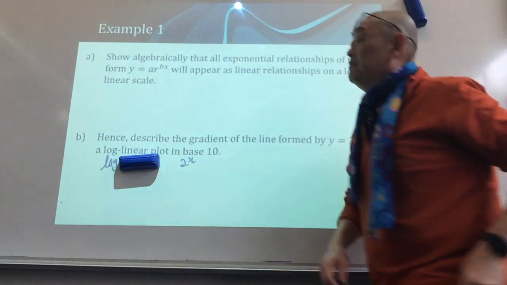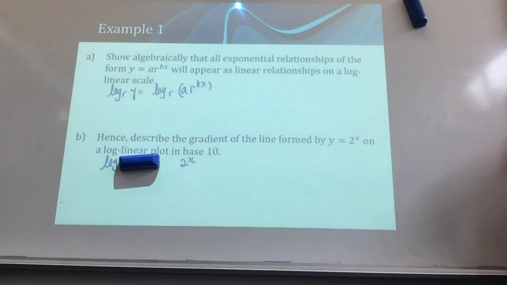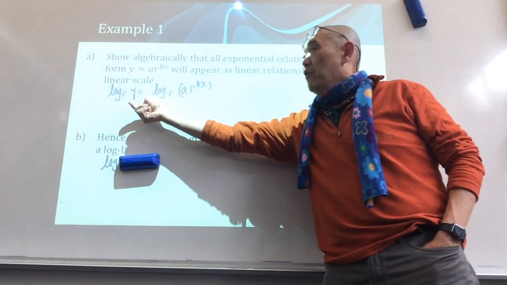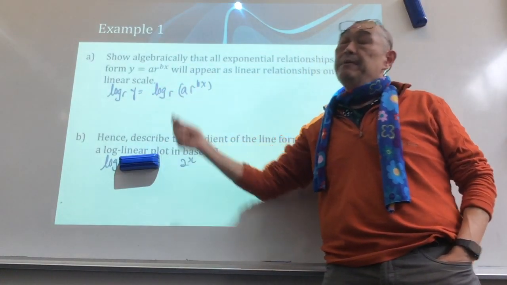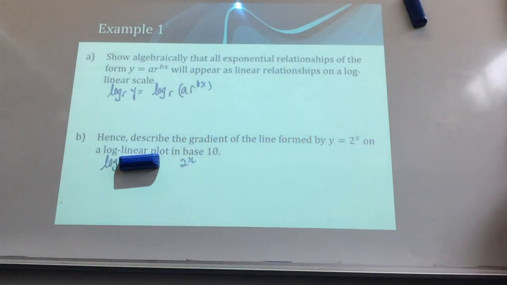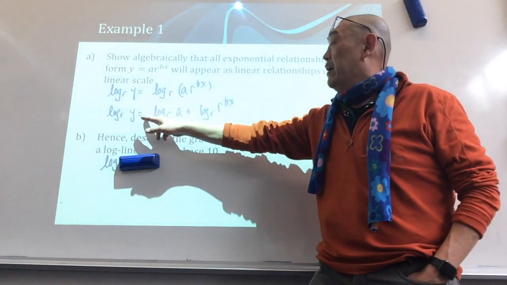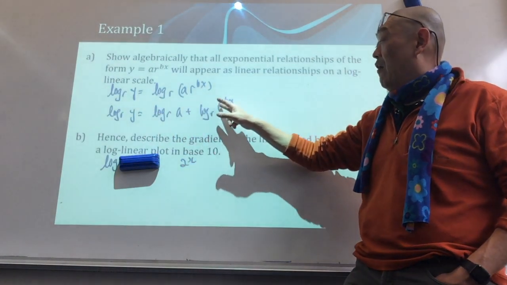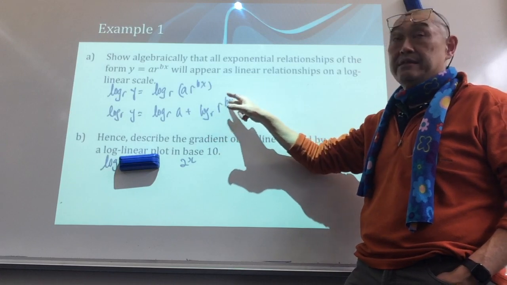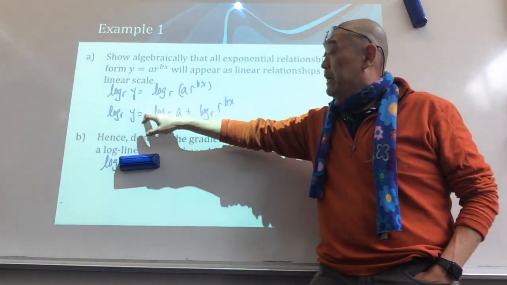So log r of y equals log r of (a r to the power of bx). Now, using your log laws, you should be able to split that out, which means log r of y equals log r of a plus log r of r to the power of bx.